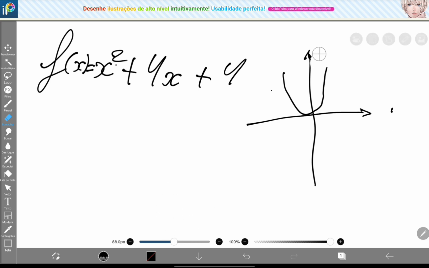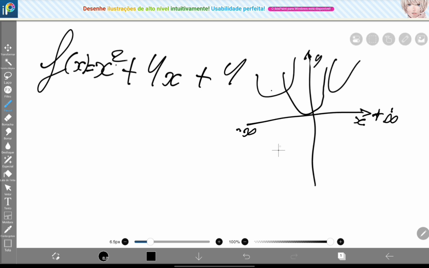So this is the y-axis, this is the x-axis, this is plus infinite, this is minus infinite, and then it would look like this. It can be anywhere, it just depends on the quadratic formula.